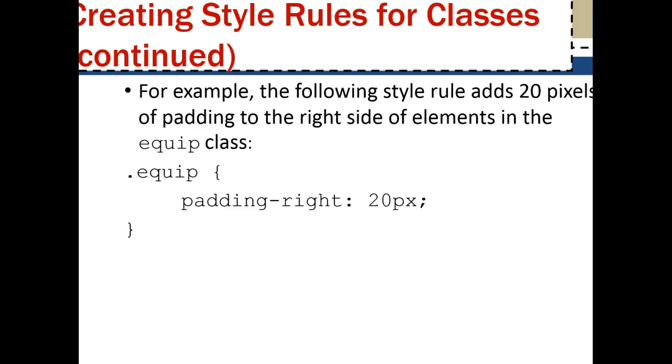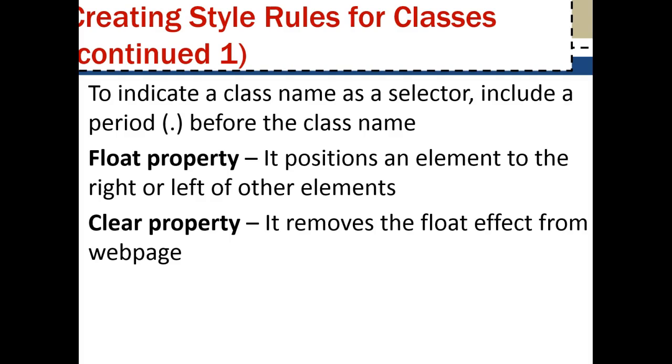So in the class selector, we just put the period rather than the number sign. Then we are going to put 20 pixels of padding to the right of the 3 images. So it's going to apply to all those images, to the equip class. All those images will have 20 pixels of padding to the right of them. So that's what it means.